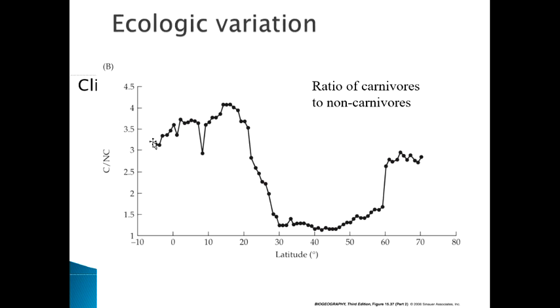And here, if you look at this ratio of carnivore to non-carnivore, does it show a trend? Well, it shows a trend with sort of the same thing. There's peaks in the sort of tropical areas, a drop off towards the subtropics and temperate zones, but then this increase again at high latitudes. Interesting data, and something that would then become an interesting project or something to consider.